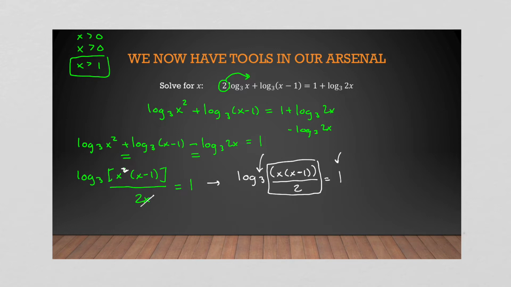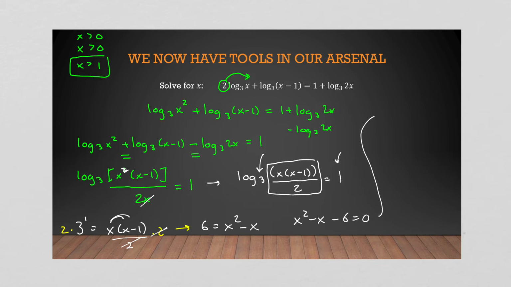So if we convert that to an exponential, we get 3 to the power of 1 equals x times x minus 1 over 2. Multiply both sides by 2, and now we have 6 equals, multiply that in now, x squared minus x. Those 2s cancel. So now let's simplify this, and we have x squared minus x minus 6 equals 0.